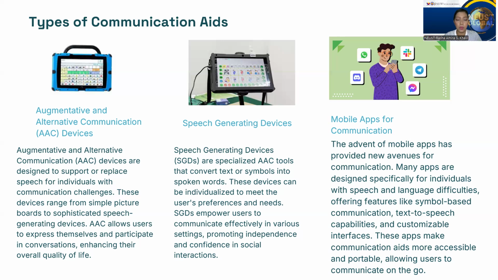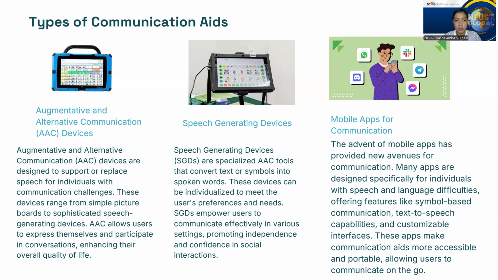We also have mobile apps for communication. The advent of mobile apps has provided new avenues for communication. Many apps are designed specifically for individuals with speech and language difficulties, offering features like symbol-based communication, text-to-speech capabilities, and customizable interfaces.